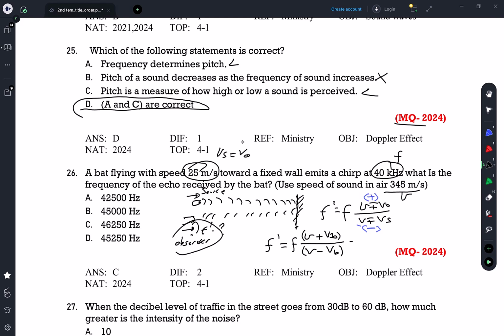After that, insert the numbers: 40 times (345 plus 25) divided by (345 minus 25).